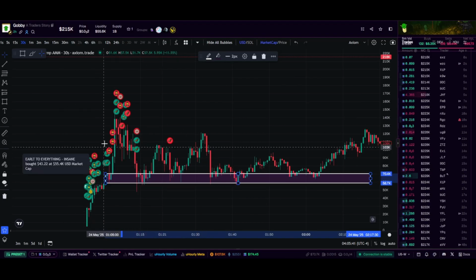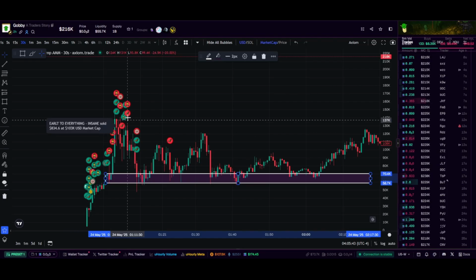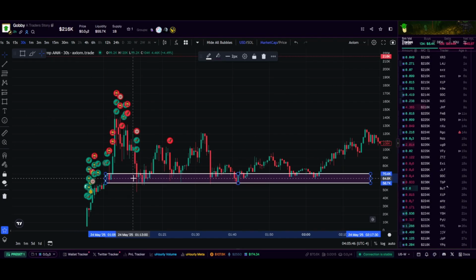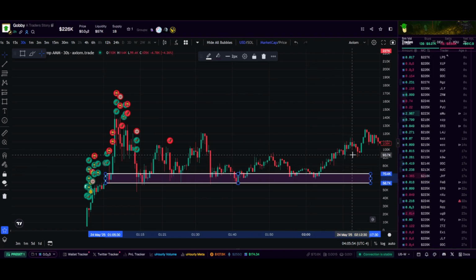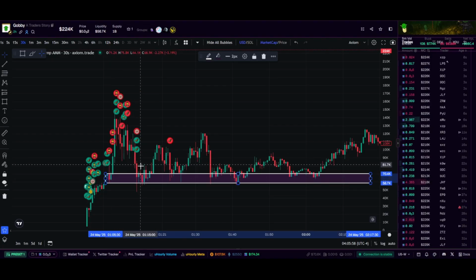What we're going to focus on is after this first high. So after this first all-time high. So example, we're going to follow this chart up until before it shoots up again. So first you see after the first all-time high, it dipped, came down to about 60k.